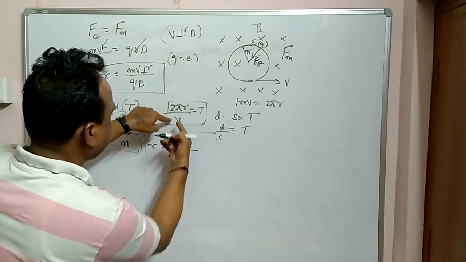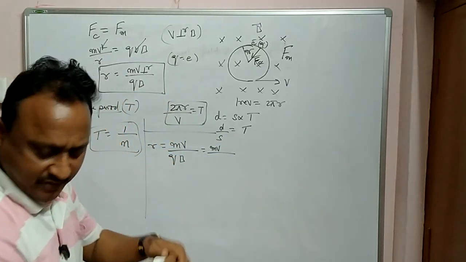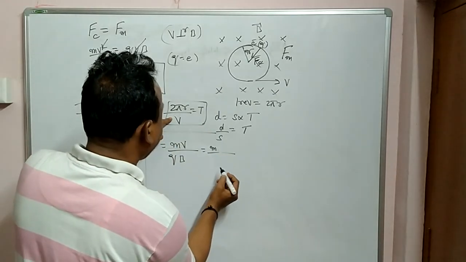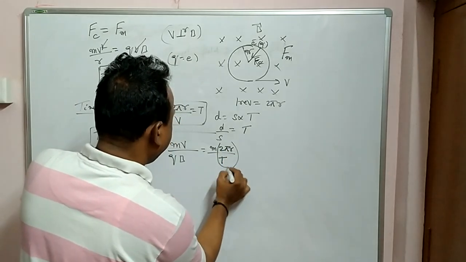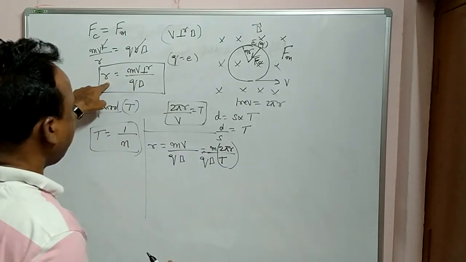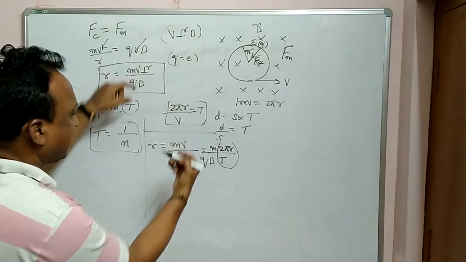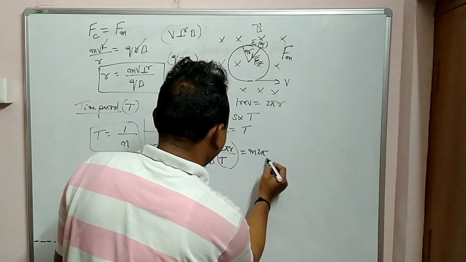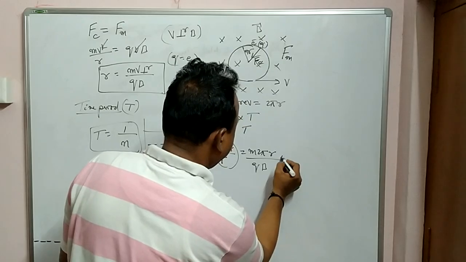In this we substitute the V value, 2 pi r by T. So r is mv by qB, with the V value from 2 pi r by T, giving m 2 pi r by qB into 1 by T.